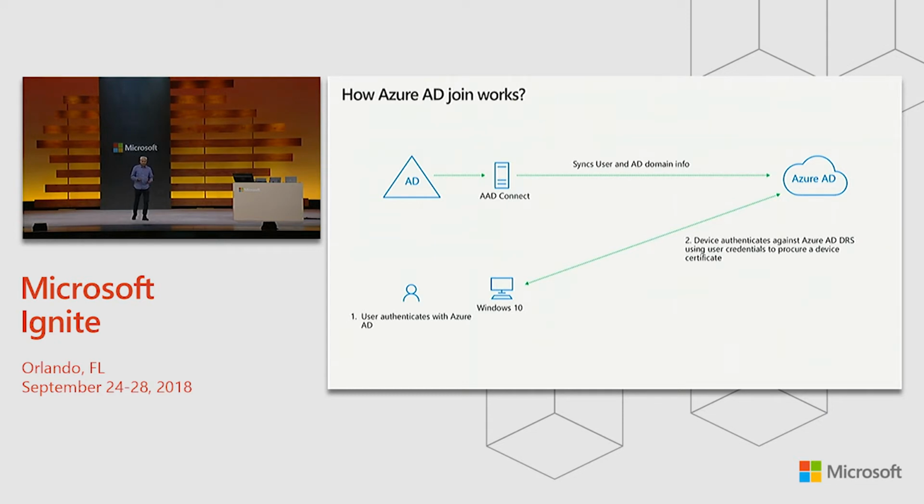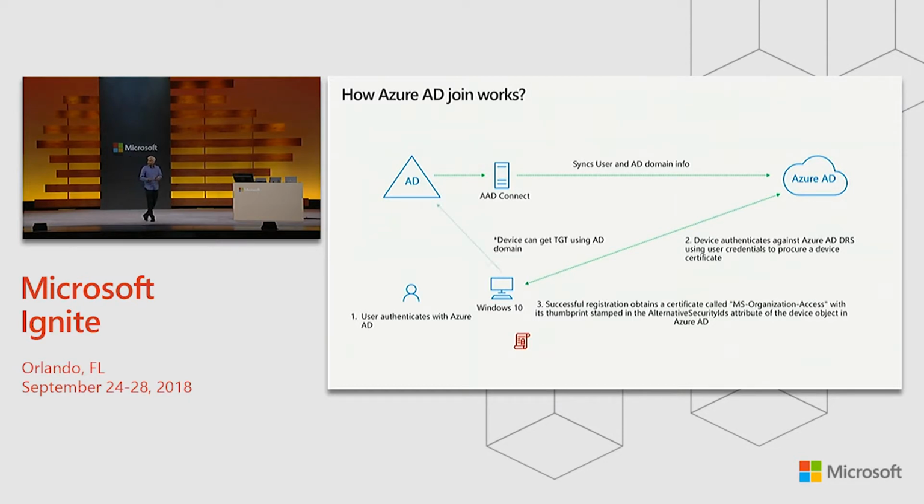That is the service which takes the user credential and the device certificate, and obtains a certificate called the MS Organization Access certificate with the actual thumbprint. It then writes that into the alternate security IDs attribute of the device object in Azure AD. And earlier we explained the flow of how you can then take that information and send it to AD to get your Kerberos TGT, and then start getting access to your on-premises resources.